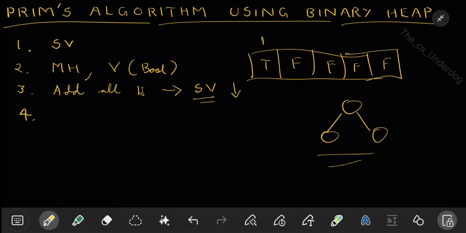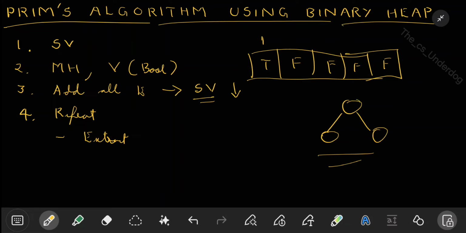After this, you have to repeatedly follow a few steps. Let us say you want to repeat until you have visited all vertices. First, you have to extract the smallest edge.